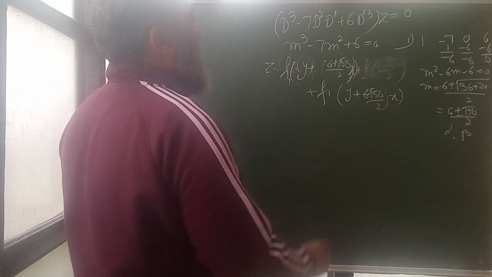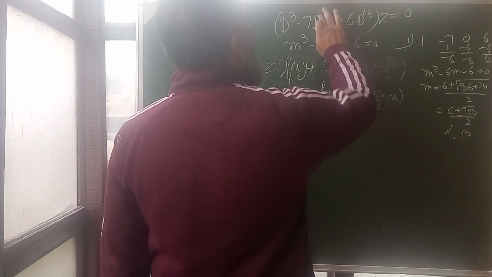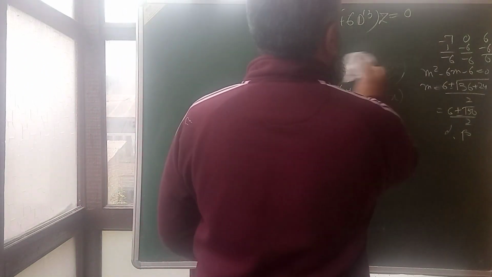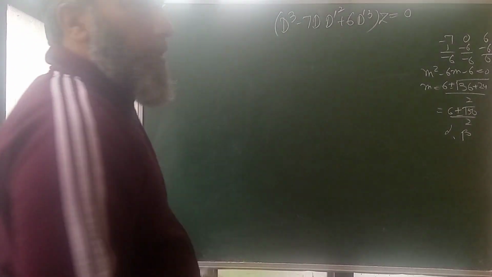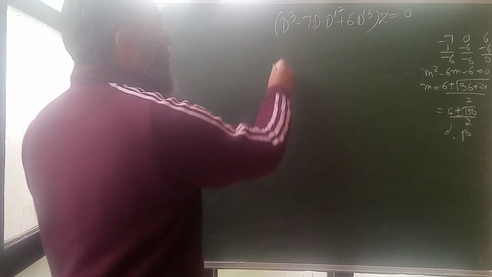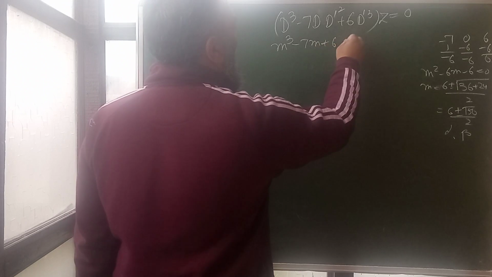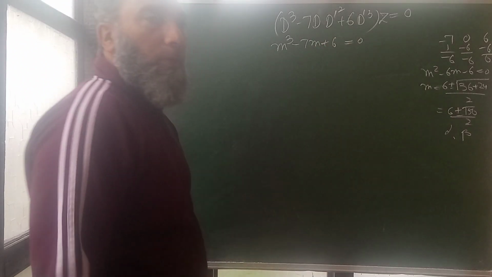Next, let me write down D and D' squared. This is again a cubic and the roots come from m³ - 7m + 6 equal to 0, replacing D by m, D' by 1.